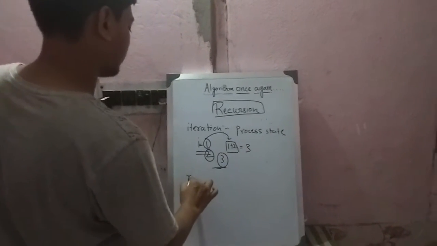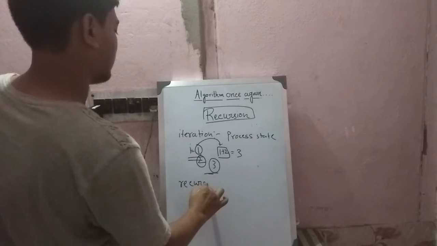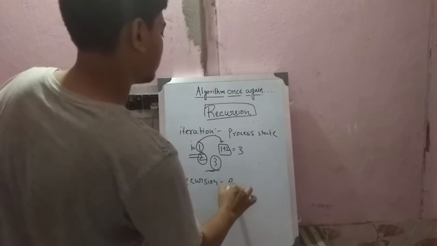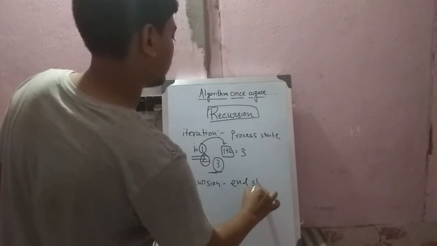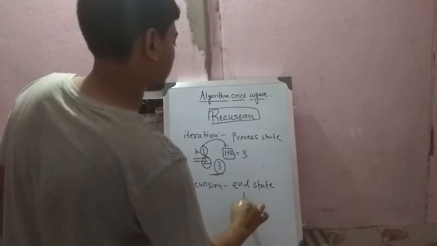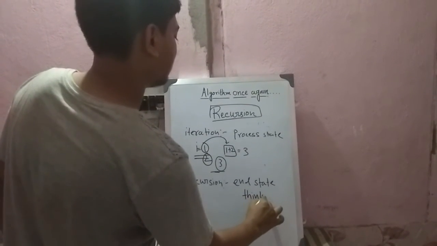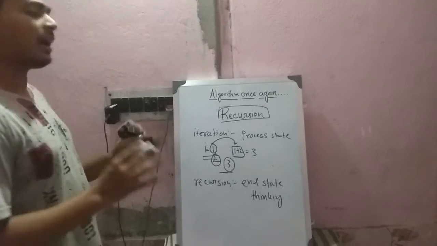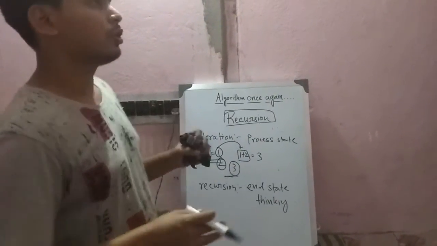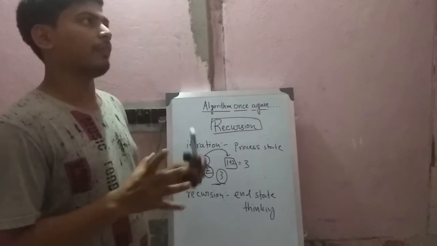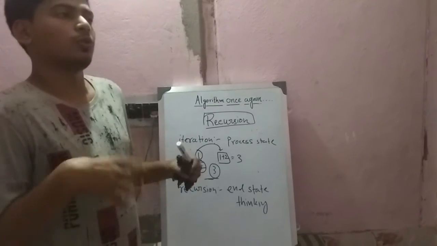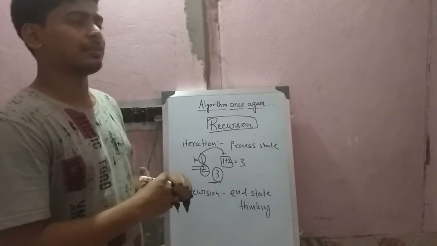But in recursion there is a concept of end state thinking. So what is end state thinking? I will think at the end state. What do I have to solve? I have to solve the first n natural numbers. Let's suppose n is 10.